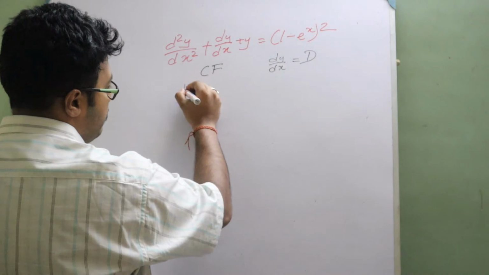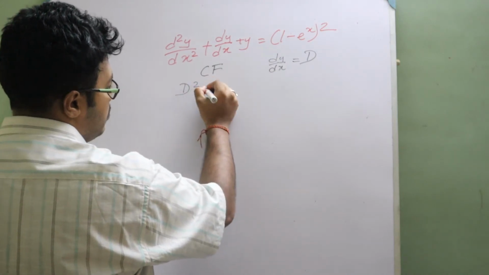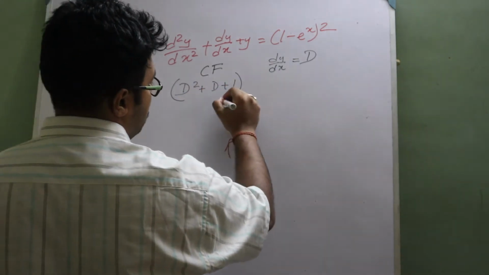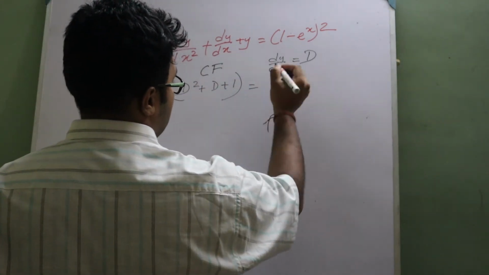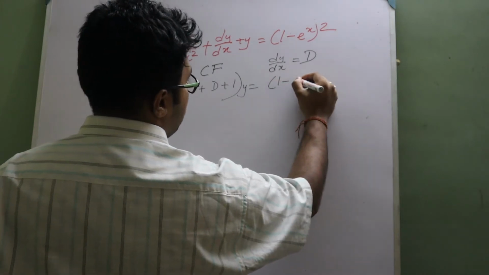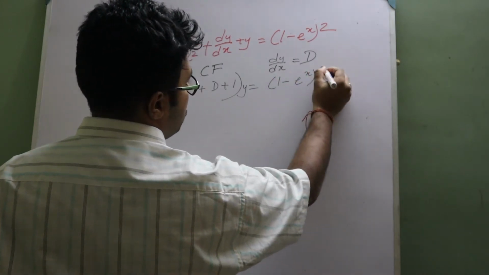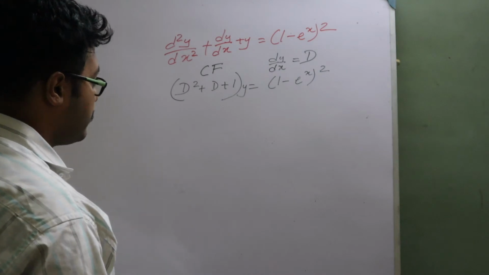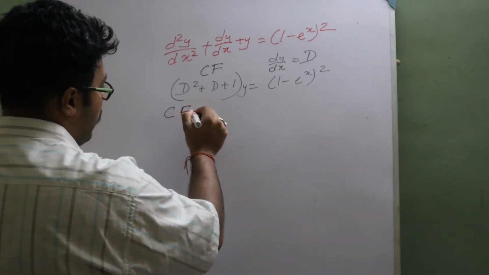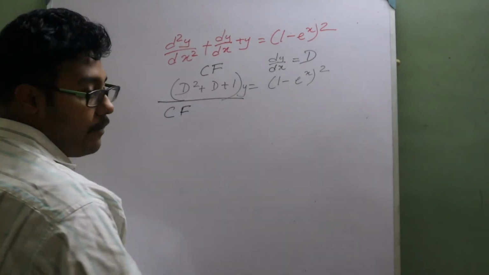Then this equation will become D square plus D plus 1, into y, is equal to 1 minus e to the power x, whole square. Now to find the CF part, we set this equal to 0.